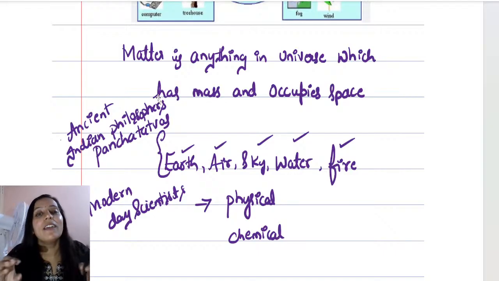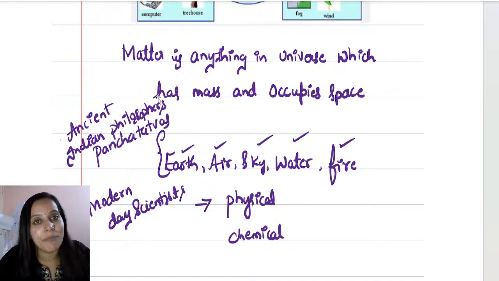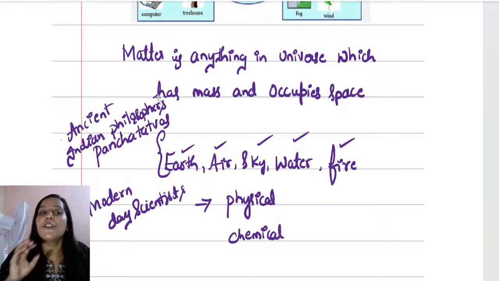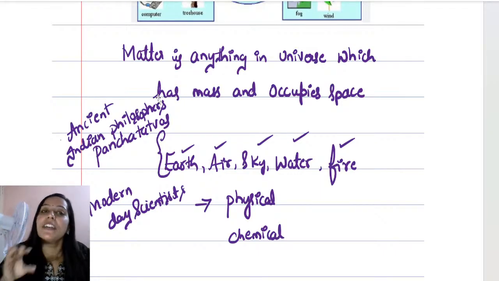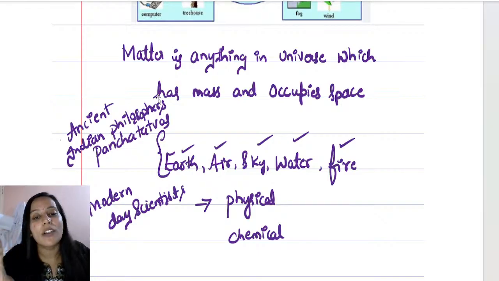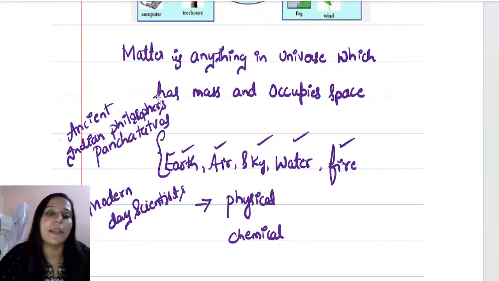Nothing was experimentally proved. The ancient philosophers classified matter into 5 elements, namely earth, air, sky, water and fire. They told that everything present in this universe is made up of these 5 elements only.